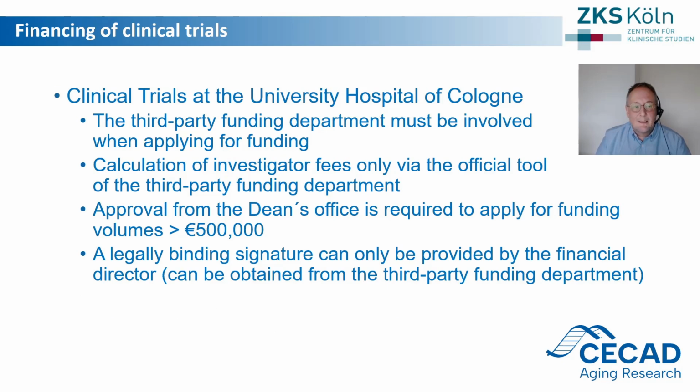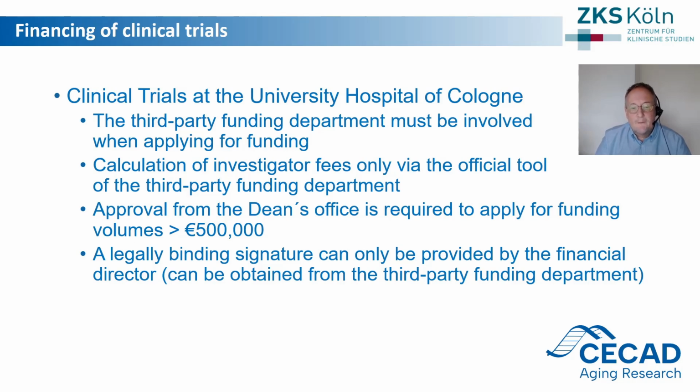So let's take a look into clinical trials at the University Hospital of Cologne. When you plan third-party funding for your clinical trial, the third-party funding department must be involved when you apply for the funding.